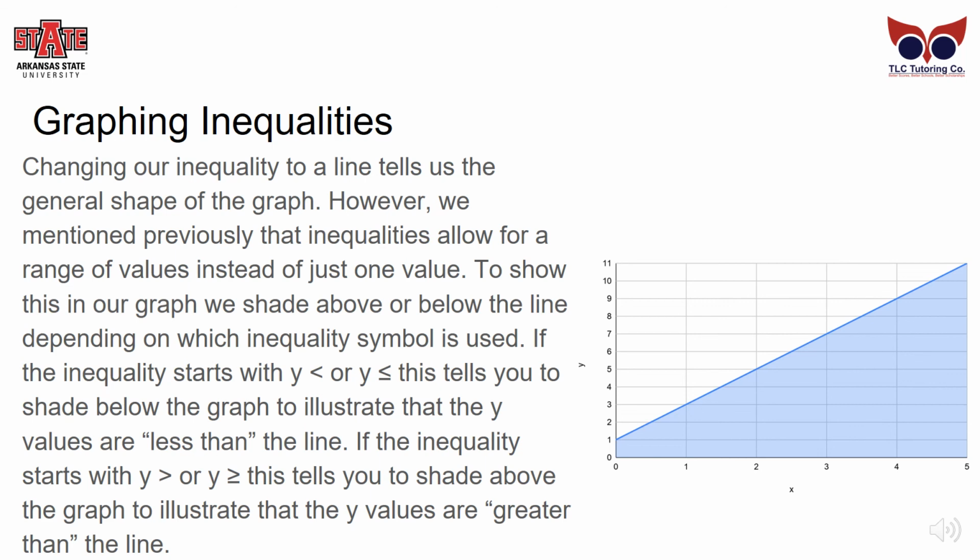If the inequality starts with y is less than or equal to, this tells you to shade below the graph to illustrate that y values are less than the line. If the inequality starts with y is greater than or equal to, this tells you to shade the area above the line to illustrate that the y values are greater than the line.